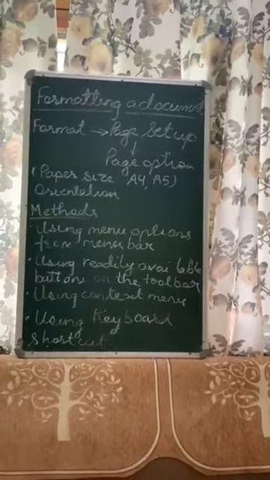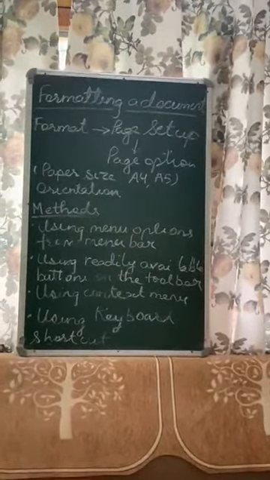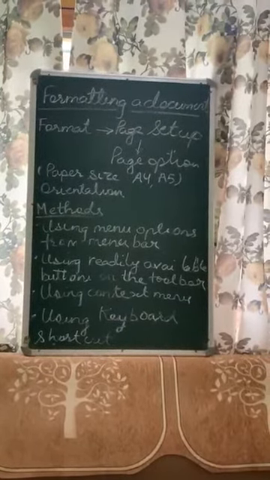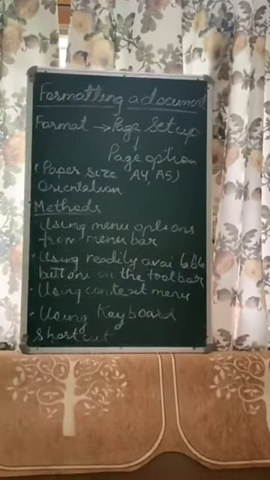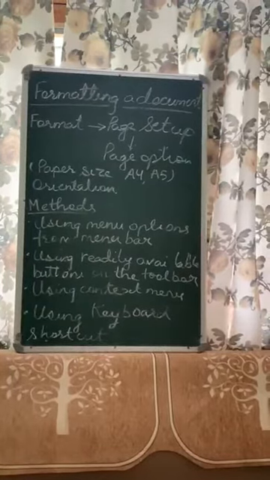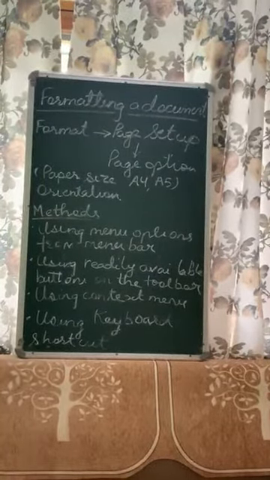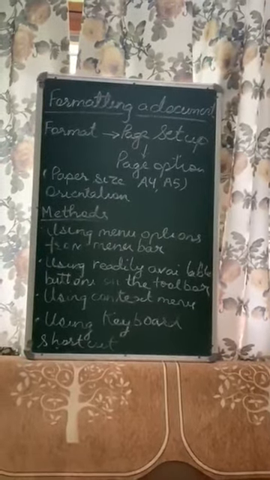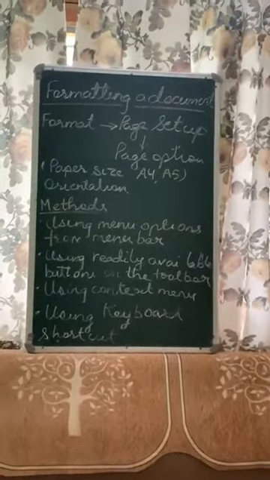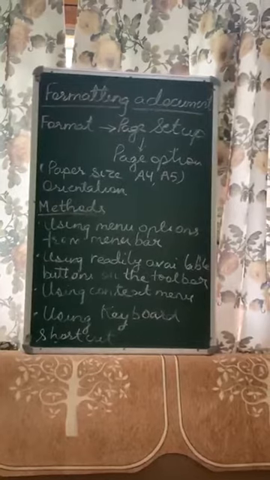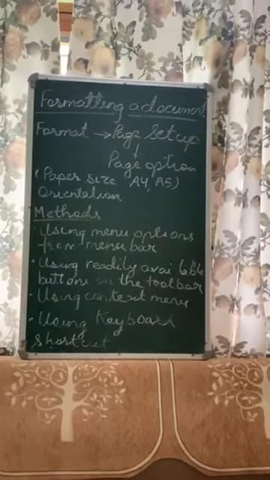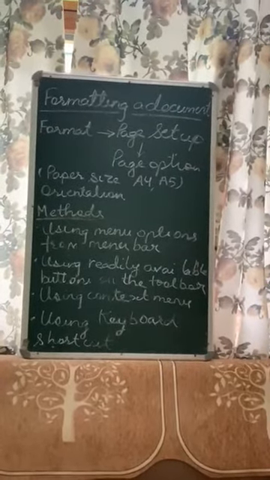If you want to print it on A3 size paper, A4 or A5, we can do that. Then orientation. Orientation means whether you want it to be portrait or landscape. Whenever you take a printout, you want it in vertical form, which is known as portrait, or in horizontal form, which is known as landscape. Whichever orientation you want, you can set it from here.